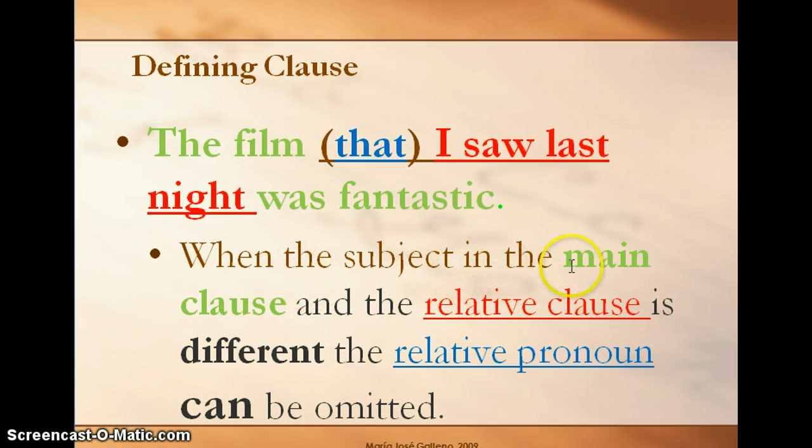Because the subject in the main clause, the film, was fantastic, and the subject in the relative clause, I saw last night, is different. I does not refer to the film. So when we have different subjects in the main clause and in the relative clause, we can omit the relative pronoun. This is only when the subjects are different.